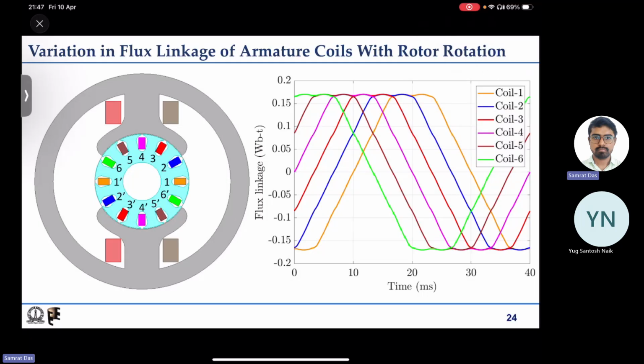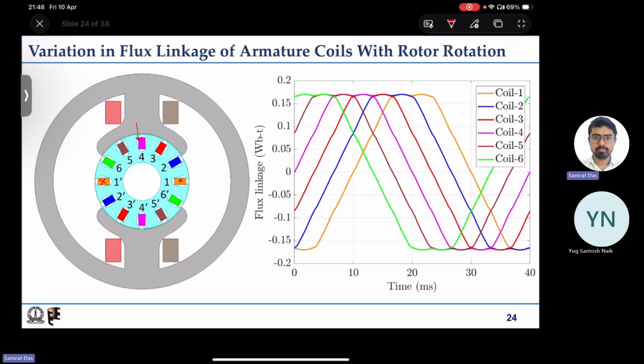In this case, what is the thing I have taken? So probably this is dot and this is cross, because if this polarity current passes through the winding, then it will produce some flux in the downward direction.